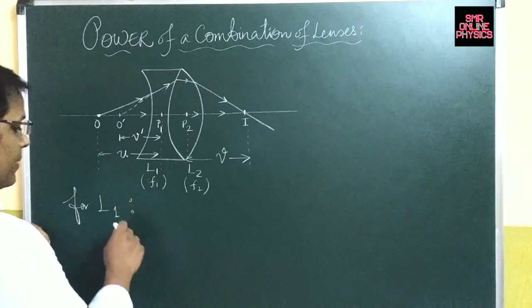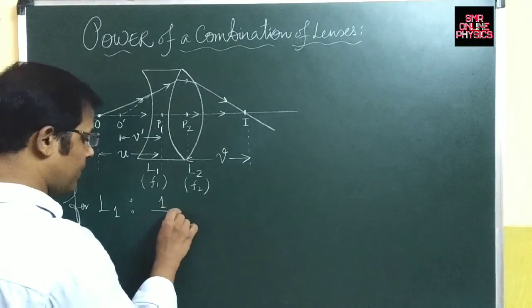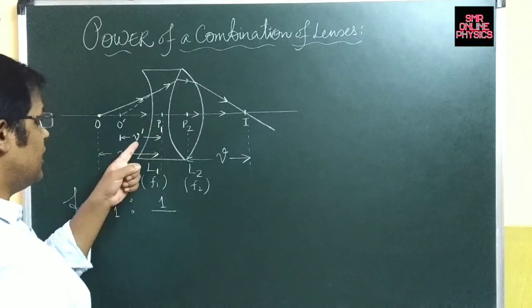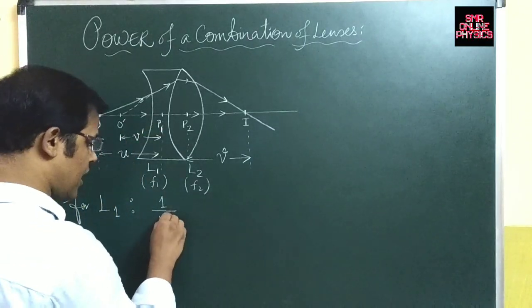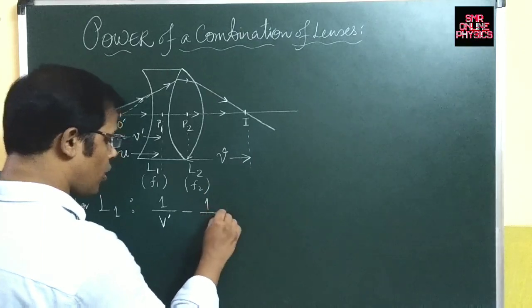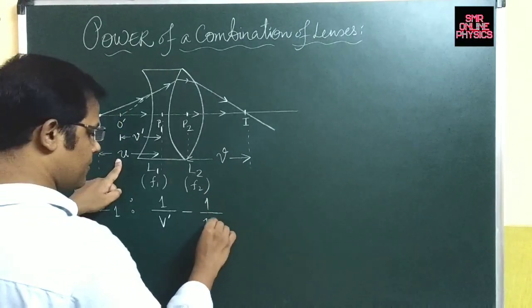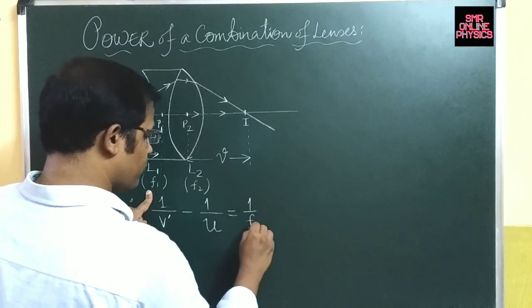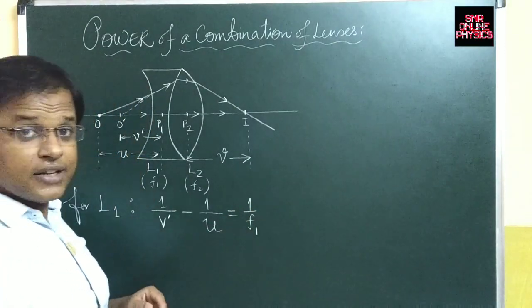That's great. So the equation is 1 by V, V standing for image distance. For the first lens, the image distance is V prime, minus 1 by the object distance, which is U, equals 1 by its focal length, which we have chosen as F1. That's all good and great, right?